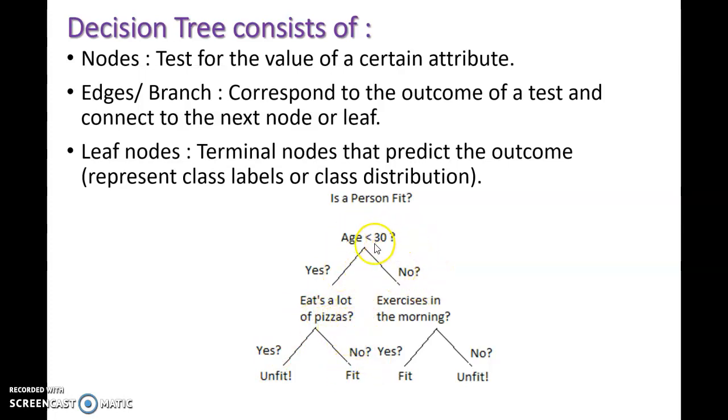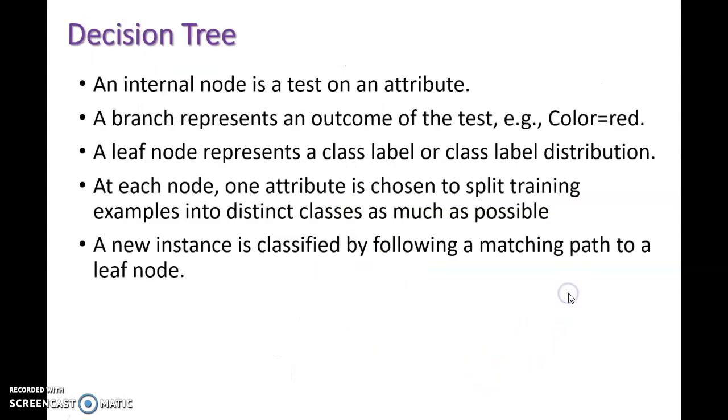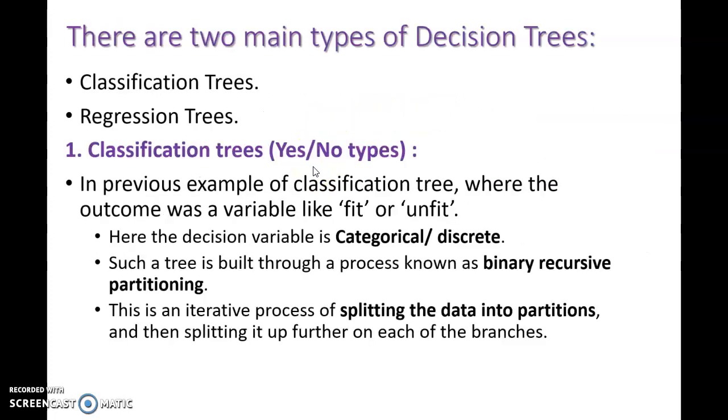Another branch: if age is not less than 30, meaning age is greater than 30, ask about exercise in the morning, then fit or not fit. Suppose exercise in the morning is yes, it is fit. If exercise in the morning is no, that is unfit. Here, the internal node is the test on the attribute, and the branches we already discussed.